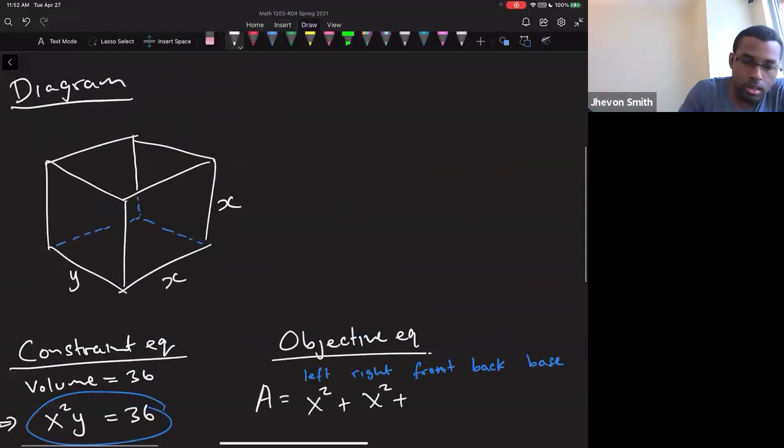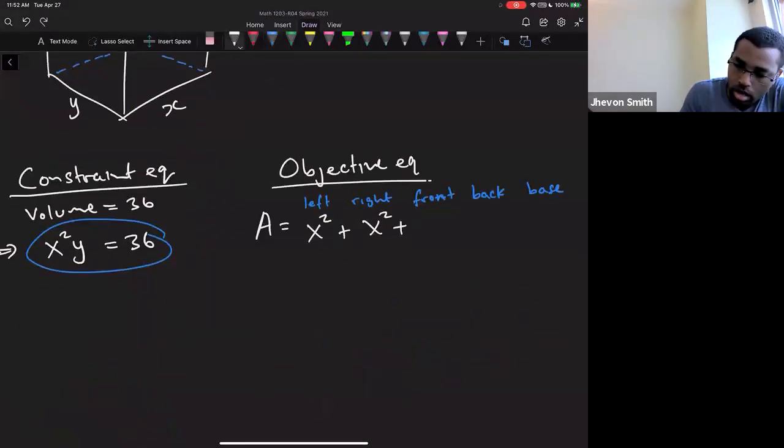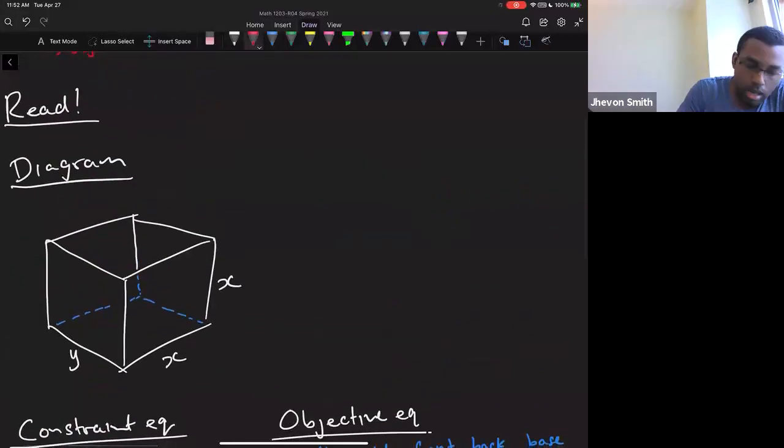For the front, that is this part here. That you'll see length times width is x times y. For the back, that is this part here. Again, you'll notice that that's another rectangle, x times y.